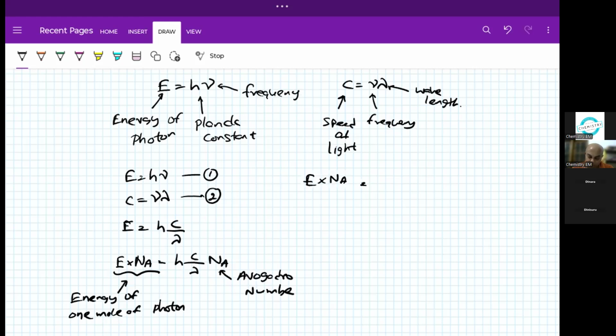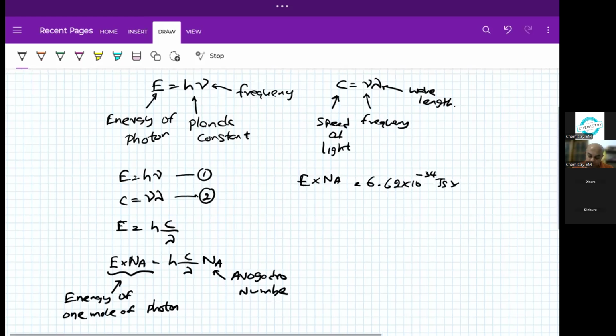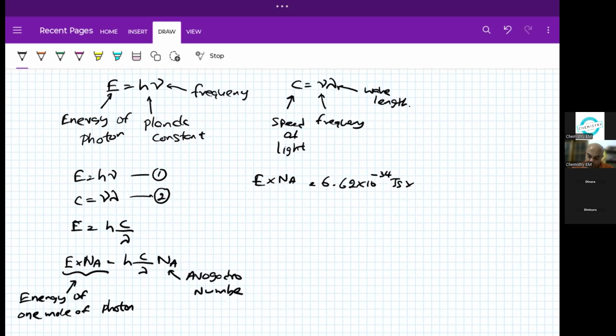So the Planck constant h is 6.62. You have to use the given values, not the values that you know. Then c is 3 into 10 to the power 8 m s minus 1. Since this is an MCQ question, no need to substitute the units as well. If you are confident enough, that is okay. But you have to remember that everything should be in SI units.